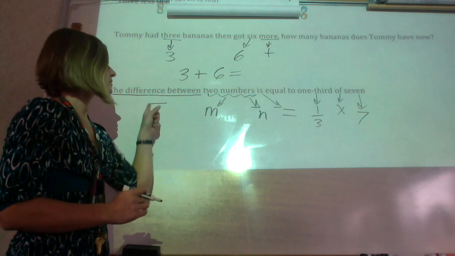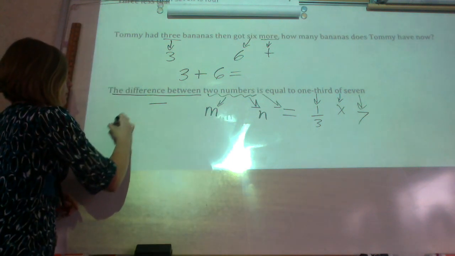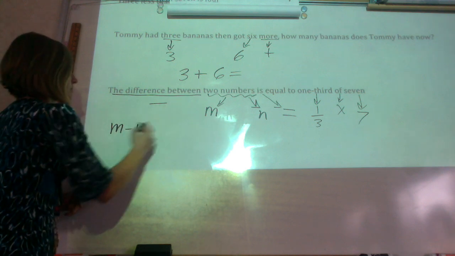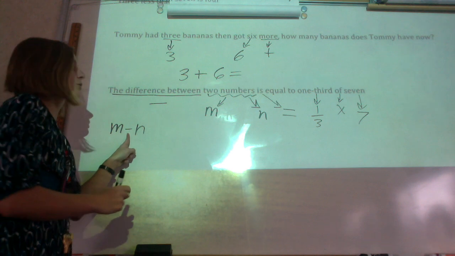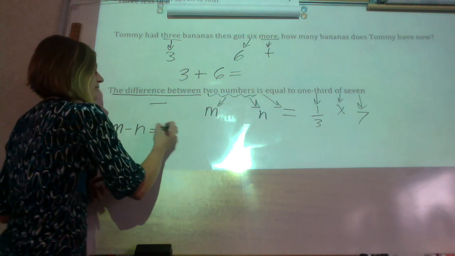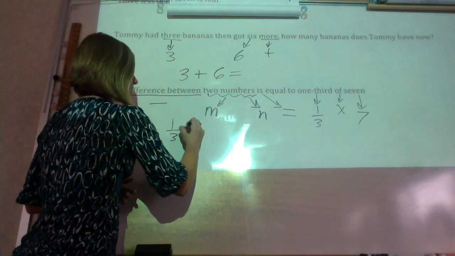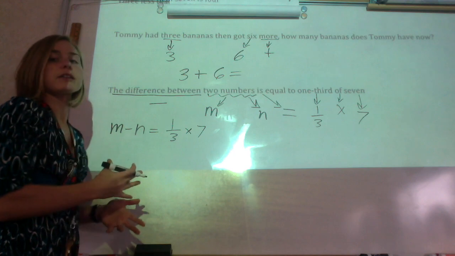Well, it would make sense if we can just take that subtraction sign and throw it between. So if we rewrite this equation, we take our 2 numbers, throw that subtraction sign between because we're finding the difference between them. And then throw in the rest of our equation, 1/3 of 7. And remember, if you want to write that as a dot, that's fine too.